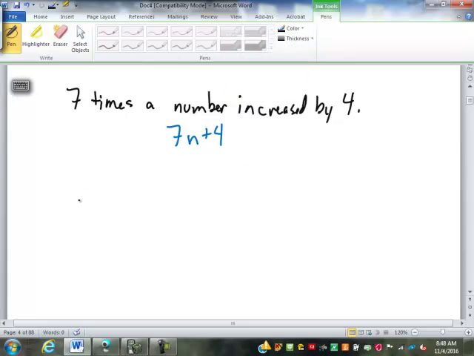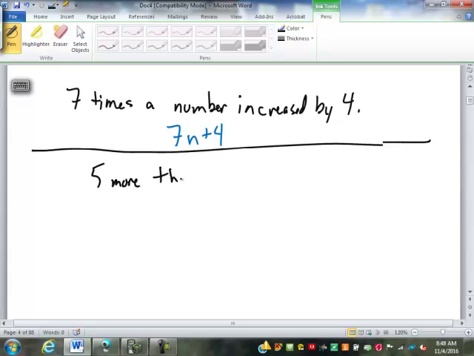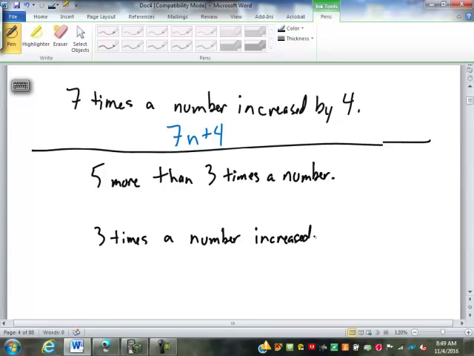Okay, I want you to try a few in your notes. I want to see how these go. Five more than 3 times a number. Three times a number increased by 5.